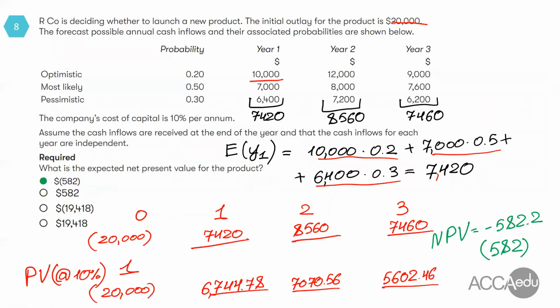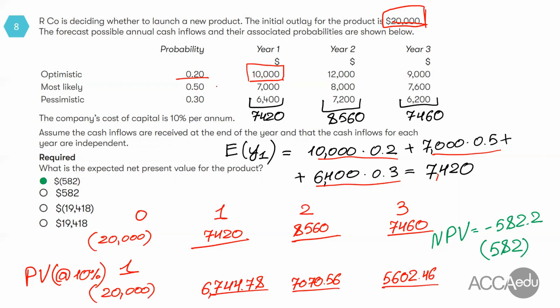And the last question here is about expected values. What is the expected net present value for the product? Okay, we have the initial outlay, which is $20,000, but for 3 years, we don't have single cash inflows. We have 3 of them. So what we do is look: $10,000 has a probability of 0.2, which means the chance of getting a cash inflow of 10,000 is 20%.